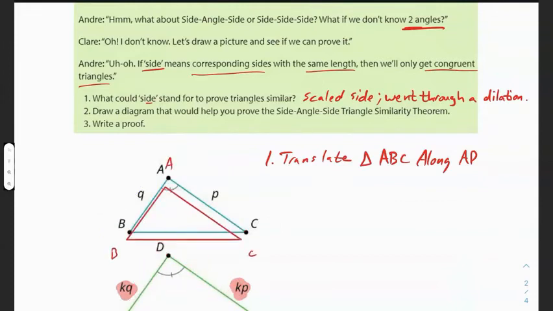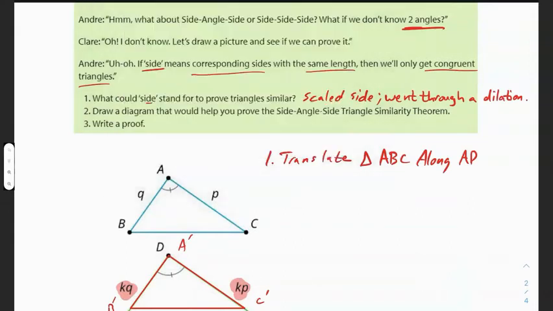It's going to slide down, shift down along AD, right? So A becomes D. Let me do the prime designations: that's B prime, C prime, and A prime. Let me move some things around so you can see it a little better. There, very nice.